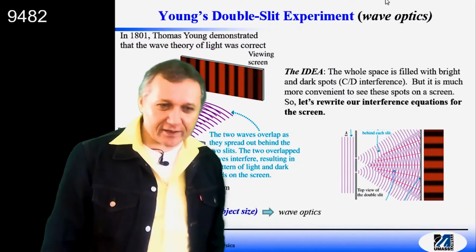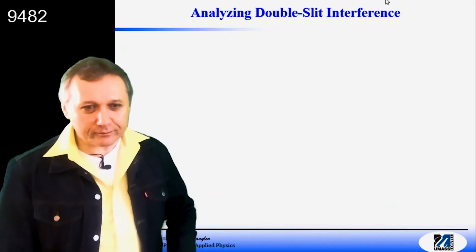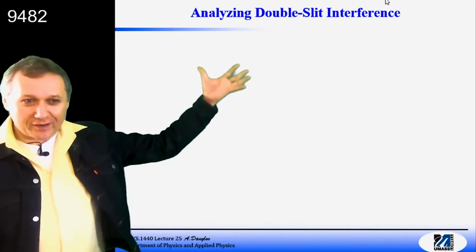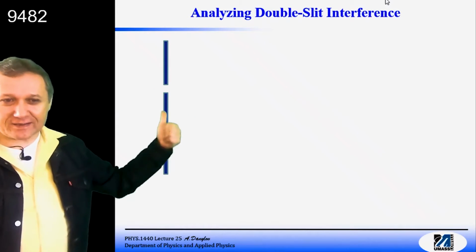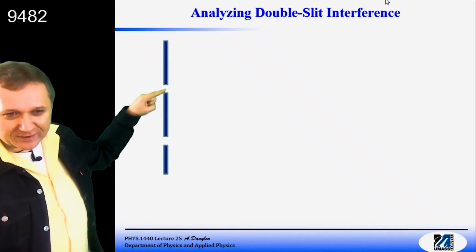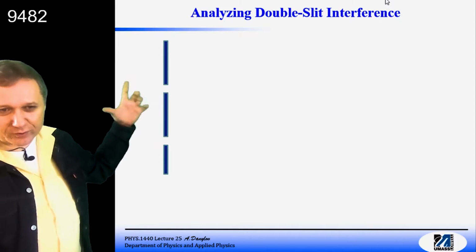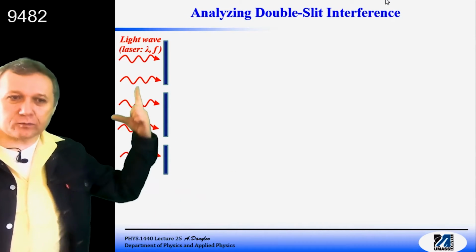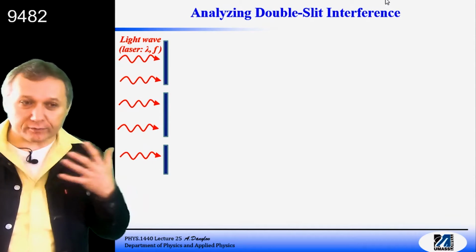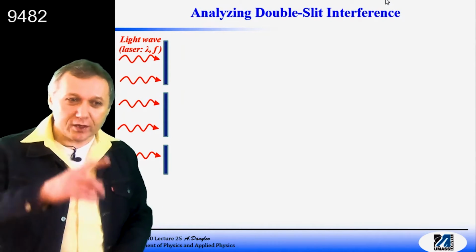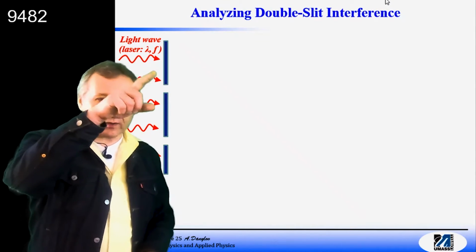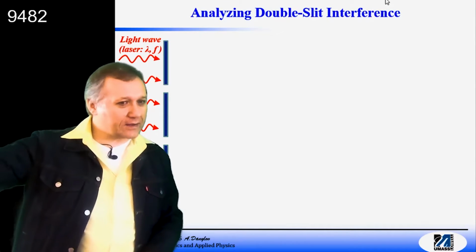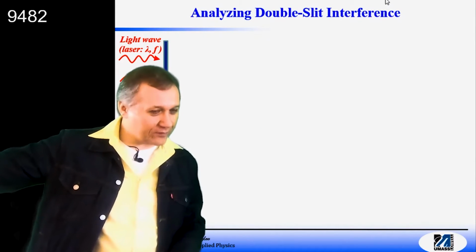Okay, so now let's get to the geometry. Let's assume that this is our slit number 1 and slit number 2, so a double slit experiment. And of course, we must illuminate the system with laser light, because when we derived those conditions, you remember we used the traveling wave equation, y equals A sine(kx minus omega t plus phi 0).